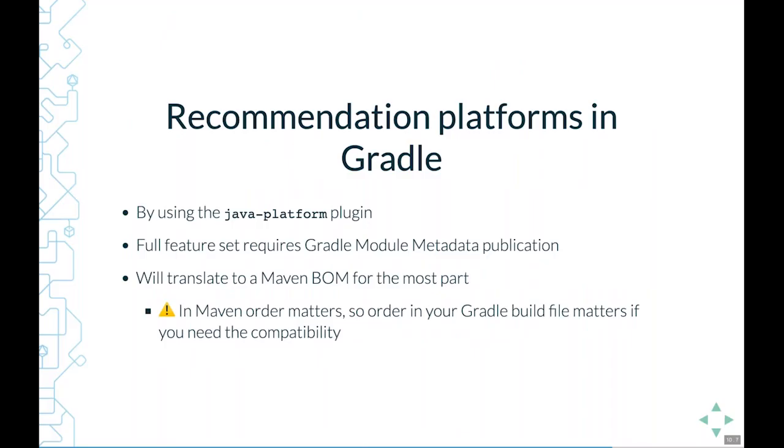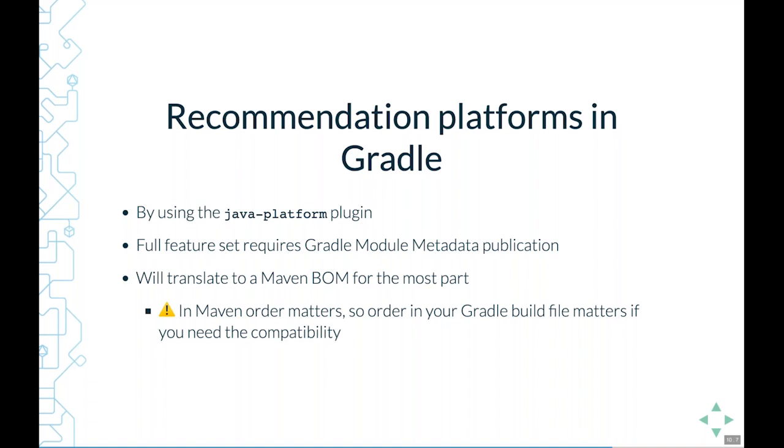What you can do as well in Gradle is you can actually create your own recommendation BOMs. So similar to the Spring one, you would use the Java Platform plugin. The full features, however, require the Gradle module metadata publication because when we do the mapping to a Maven BOM, some of the information is lost.